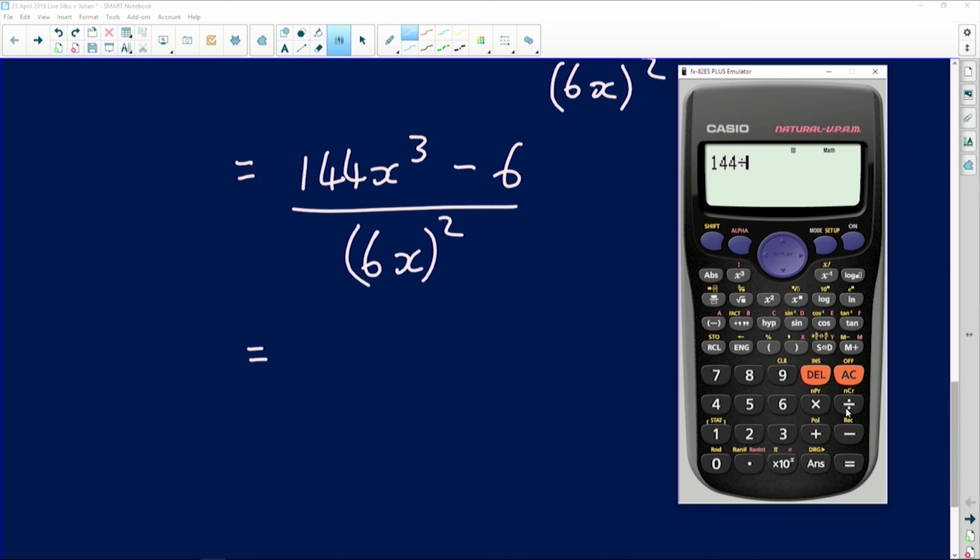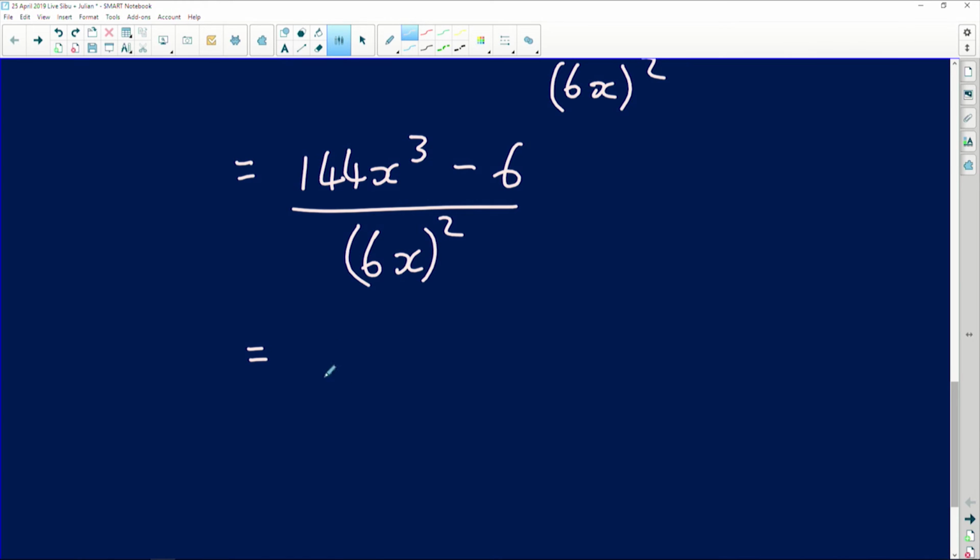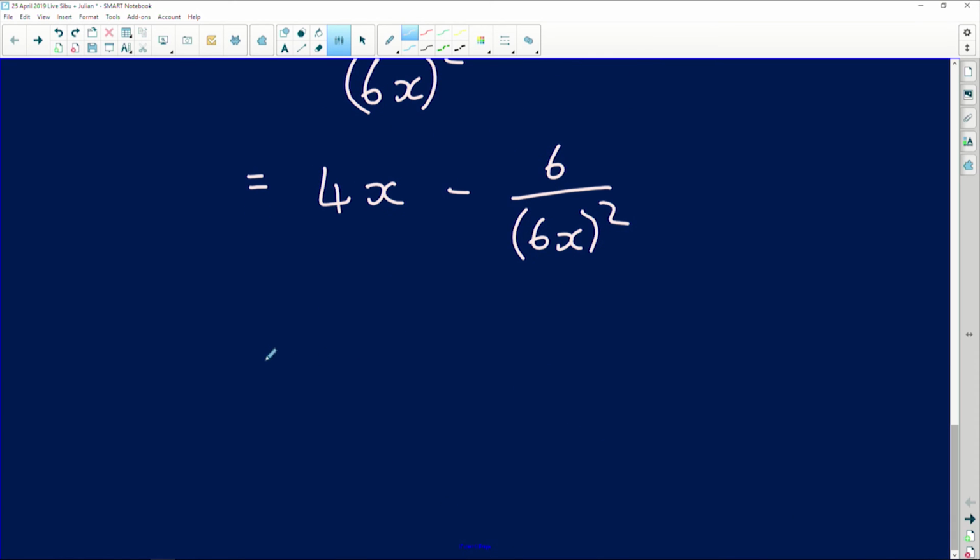144, divide that by 36. And that gets me to 4. So that's going to get me then 4, and that was going to be 4x. And then we're left with 6 over 6x all squared. So that then gets me 4x minus, well, 6 divided by 36.